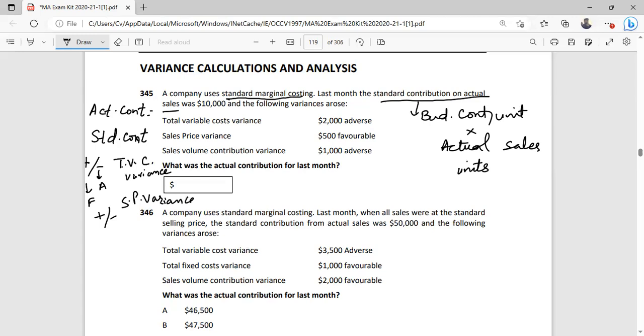There will be no adjustment of this sales volume contribution variance, and there will be no other adjustment even if provided in the question.